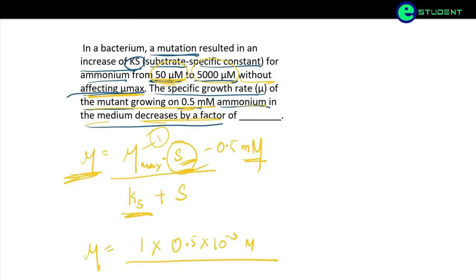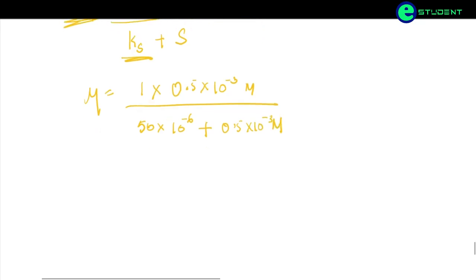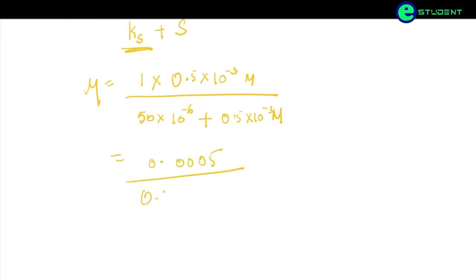First we take before mutation, that is 50 into 10 to the power minus 6, plus substrate concentration 0.5 into 10 to the power minus 3 moles, which gives 0.0005 divided by 0.00005 plus 0.0005.